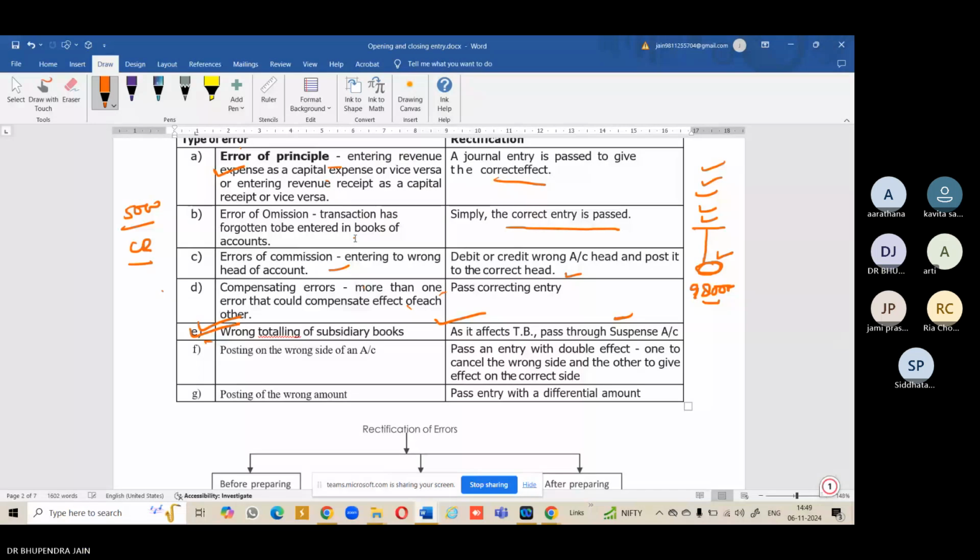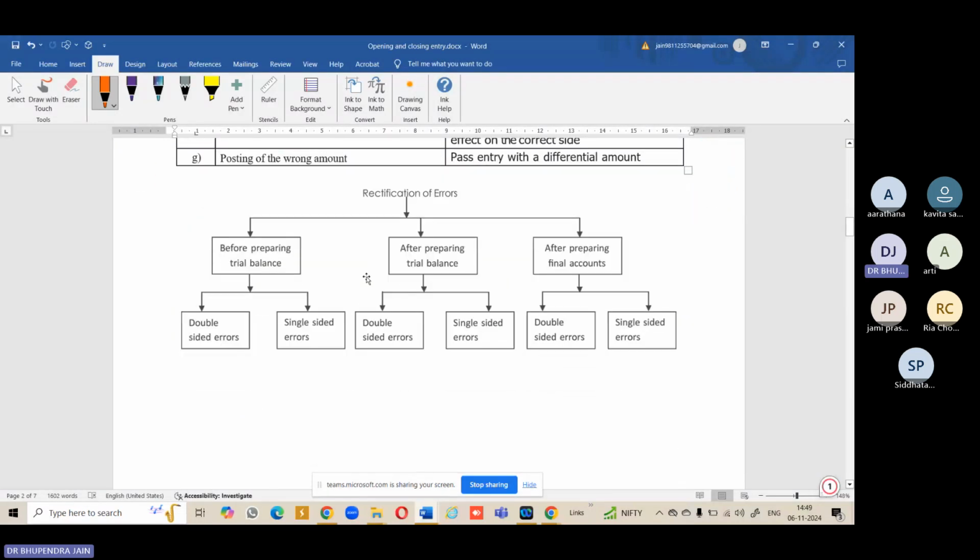Okay. So errors will occur before preparing the trial balance, after preparing the trial balance, and after preparing the final account. Each type of error may be divided into two parts: double side error and single side error.